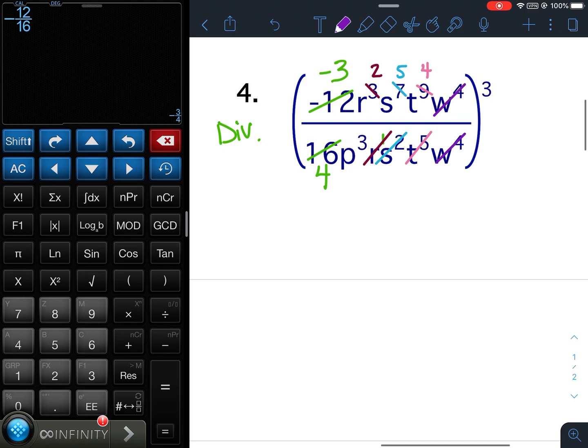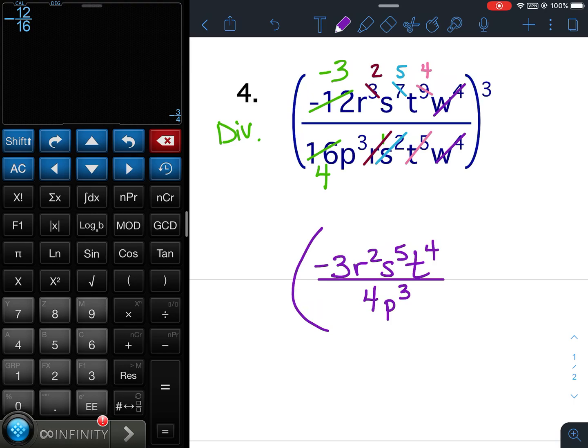So after you divide, you should always rewrite. So on top, I've got negative 3 r squared s to the 5th t to the 4th. On the bottom, I have 4p cubed.